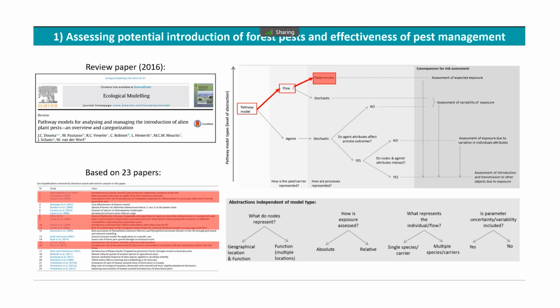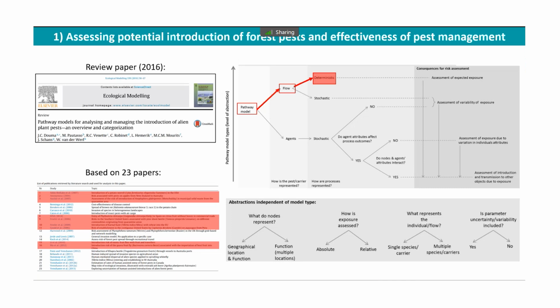of entry. These models can consider a flow of infected products, or they can follow individuals, so the forest insect or the pathogens. They can be stochastic, with random realization, or deterministic. They can consider nodes differently.